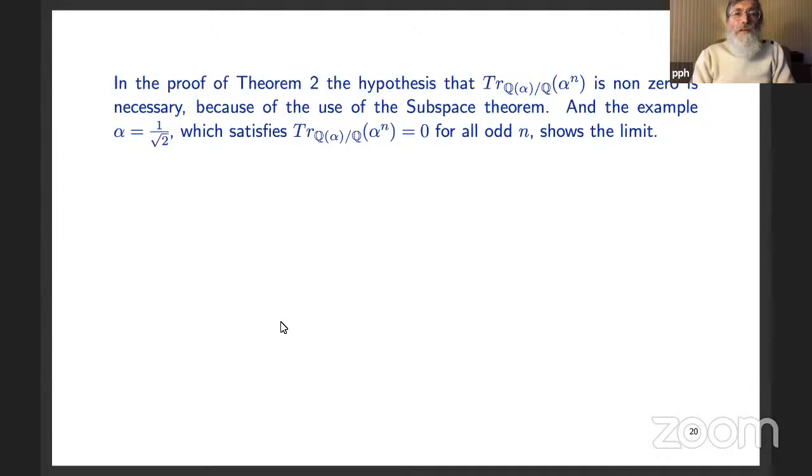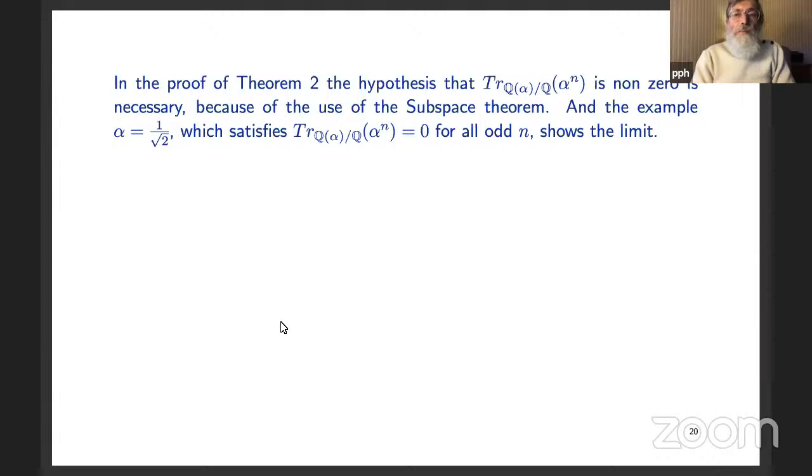One remark is that in the proof of theorem 2, we had this hypothesis that the trace to Q of alpha^n is non-zero. And actually, this is used in the proof because we use the subspace theorem and we need to ensure that some linear forms are not zero.